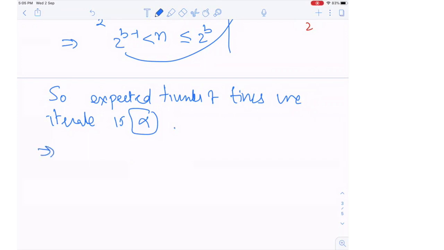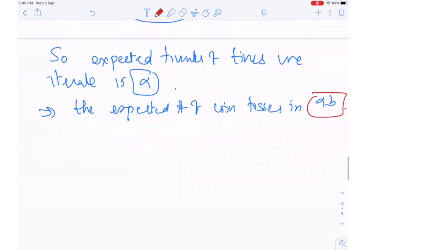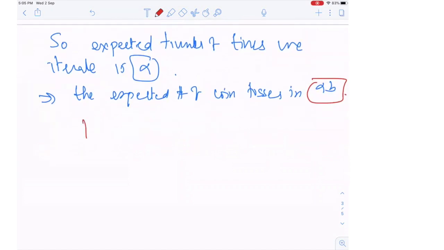This implies that the expected number of coin tosses is alpha times b. Now, question: what is alpha?